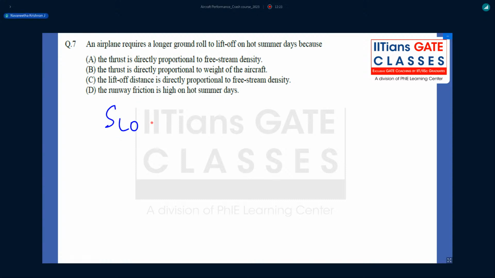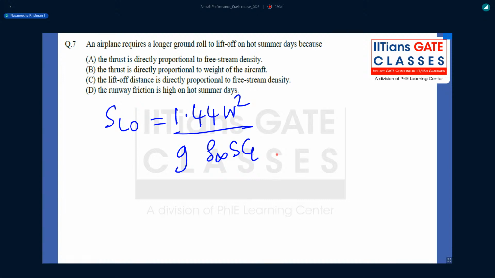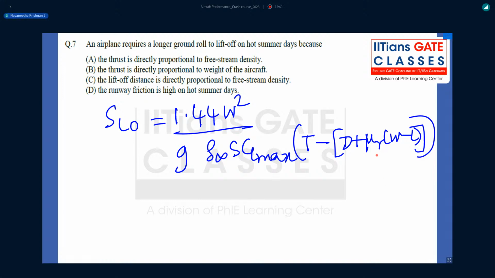S lift-off is equal to 1.44 W squared by g rho infinity S CL max into thrust minus drag plus mu r into W minus L. This average force is calculated at 0.7 V liftoff.